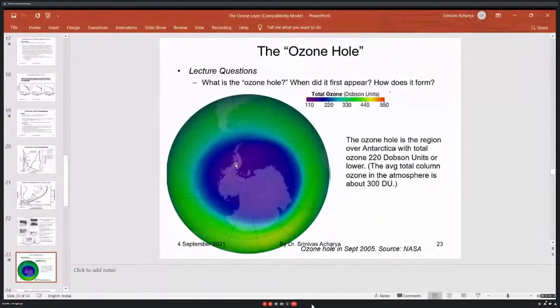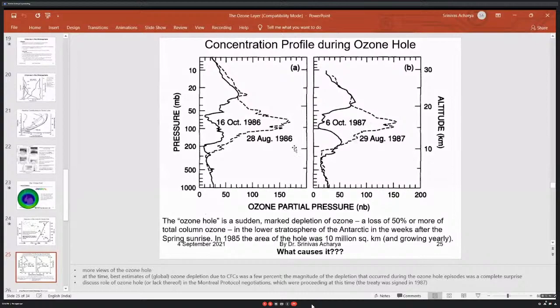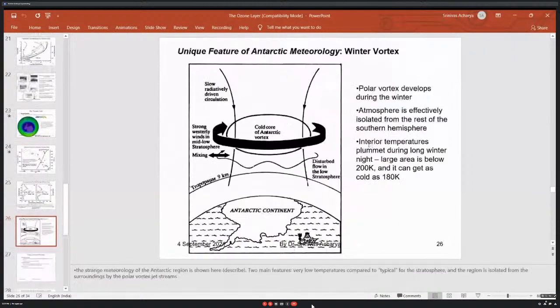Ozone hole means from 340 or 300 Dobson units, it will reduce to 220 Dobson units due to chlorofluorocarbons and their impact on ozone depletion. And detection of the Antarctic ozone hole, you can see this is the concentration profile of the ozone hole in 1986 and 1987, after which there was the Montreal Protocol to ban these chlorofluorocarbons.